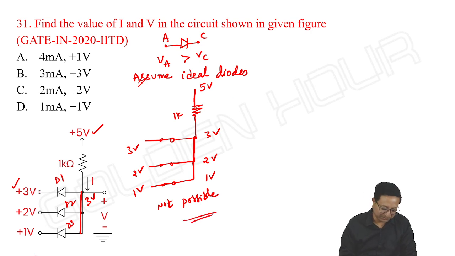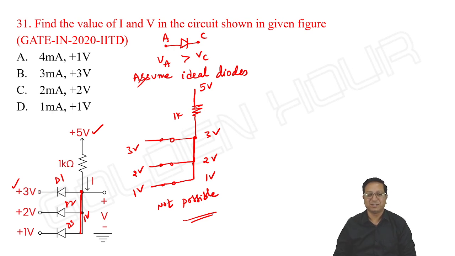Then what is possible? Suppose D3 is on. If D3 is on, the voltage here will be 1 volt. Then the anode of D2 is at 1 volt and cathode is at 2. D2 will be off. And anode of D1 is at 1 volt and cathode is at 3 volts. So D1 is also off.